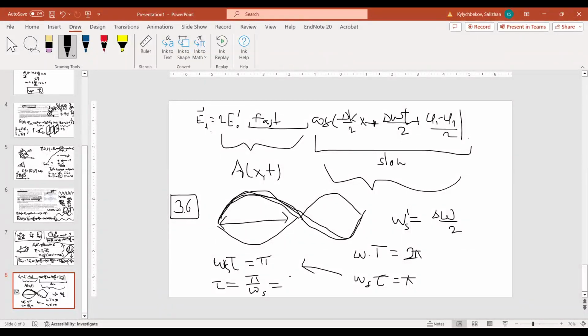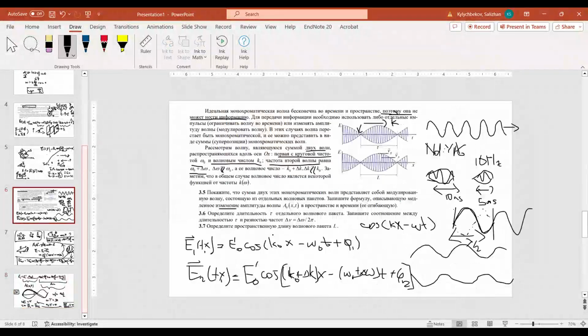То есть pi деленный на дельта omega деленный на 2. Получается, бұл не? Будет 2 pi деленный на дельта omega is tau. Okay. That's 3.6.